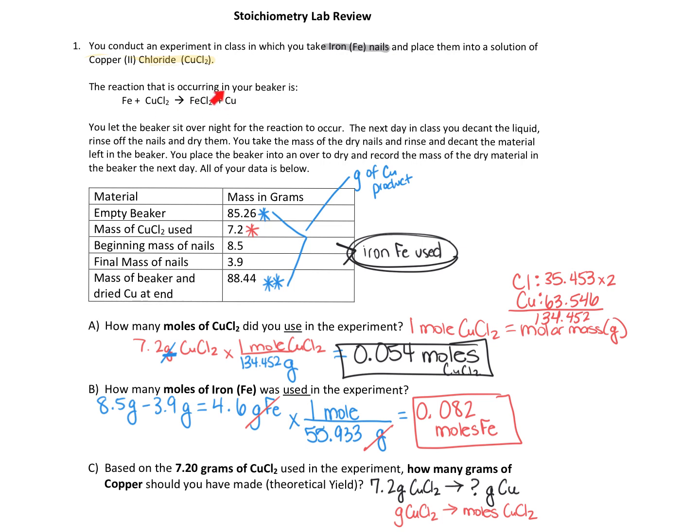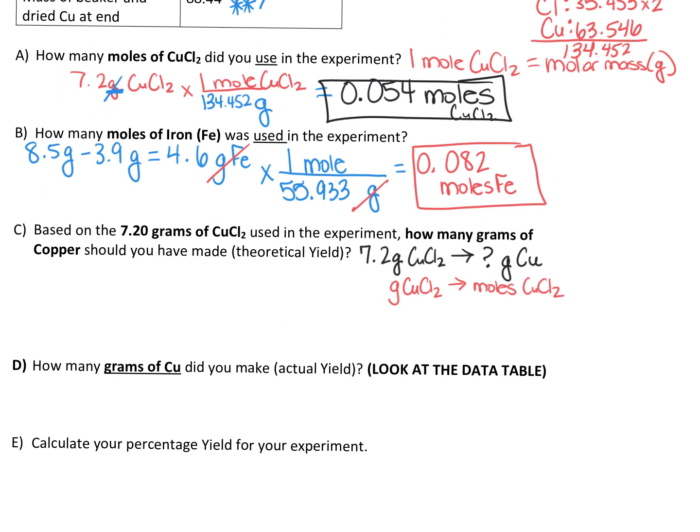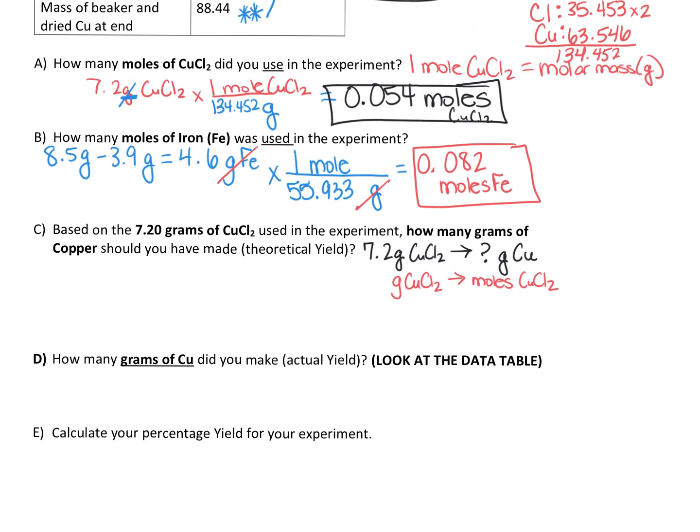This balanced chemical reaction says I need 1 mole of iron to react with 1 mole of copper chloride, making 1 mole of iron chloride and 1 mole of copper. So instead of grams of copper chloride, we need our moles of copper chloride, which we actually calculated in letter A.